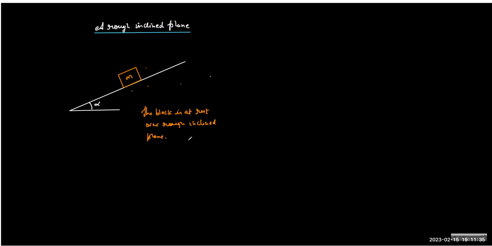Now, if the surface contact force we represent by R, so in terms of surface contact force, how many forces are acting on the block? If we replace the normal and friction by R itself, then how many forces are left acting on the block?